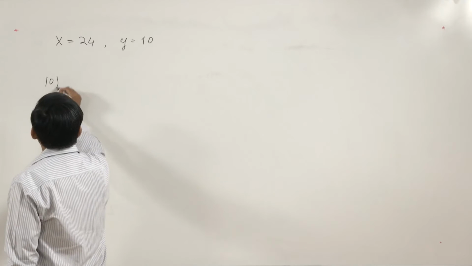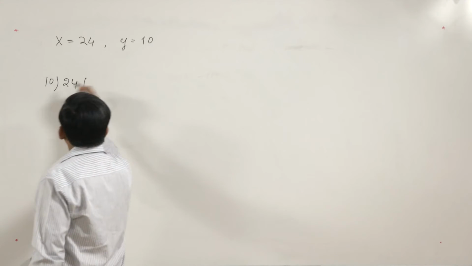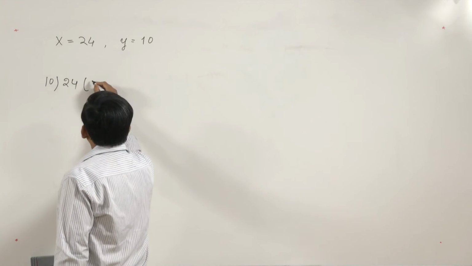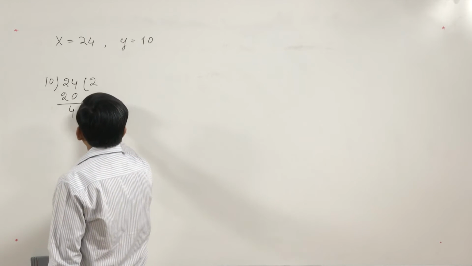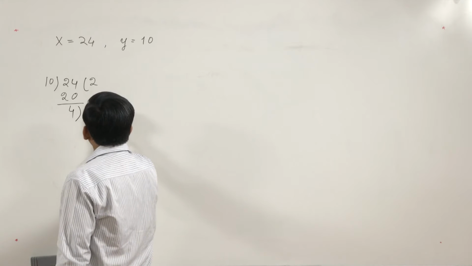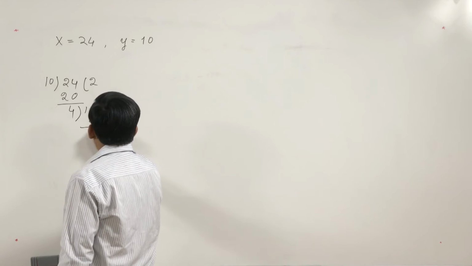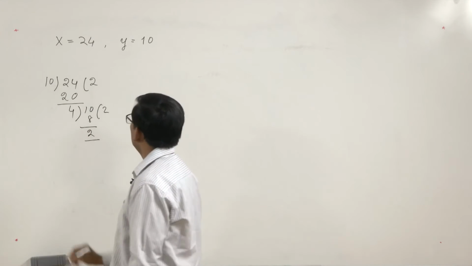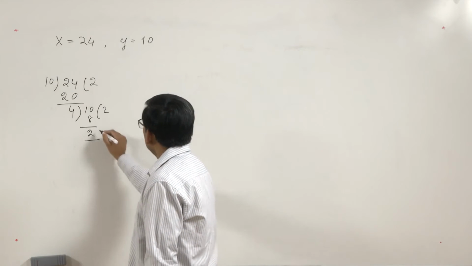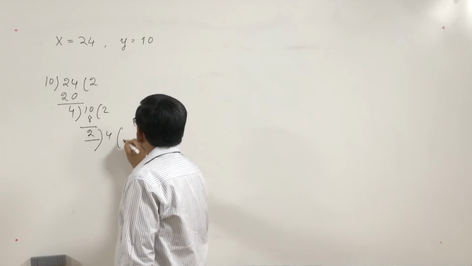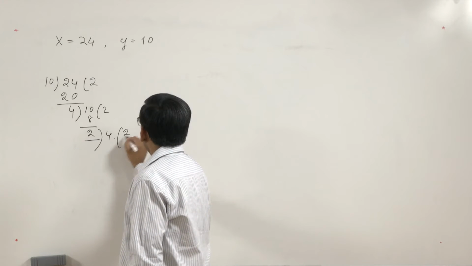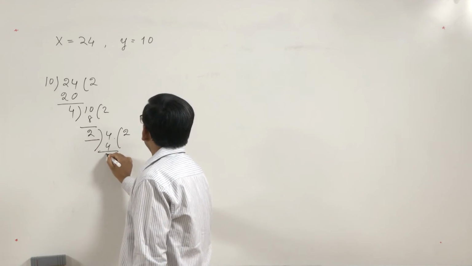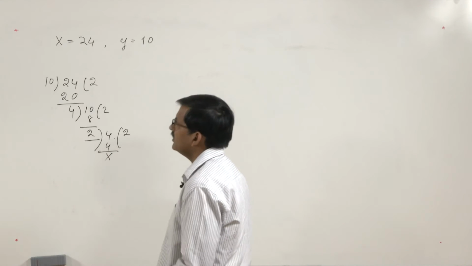We take 10 and write 24, and we divide this. I have got 20, the remainder is 4, and then I take 10 divided by 4. I have got 2, this is the remainder, and then we divide 4 by 2. 2 twos are 4, so I have got no remainder.